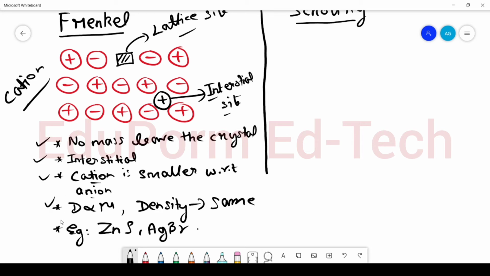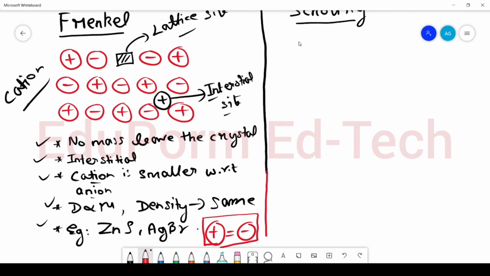There is no change in density. Examples include zinc sulfide and AgBr, silver bromide. One more most important thing is that here the number of anions is equal to the number of cations. So the stoichiometry remains undisturbed and the crystal is neutral. This is a very important point.